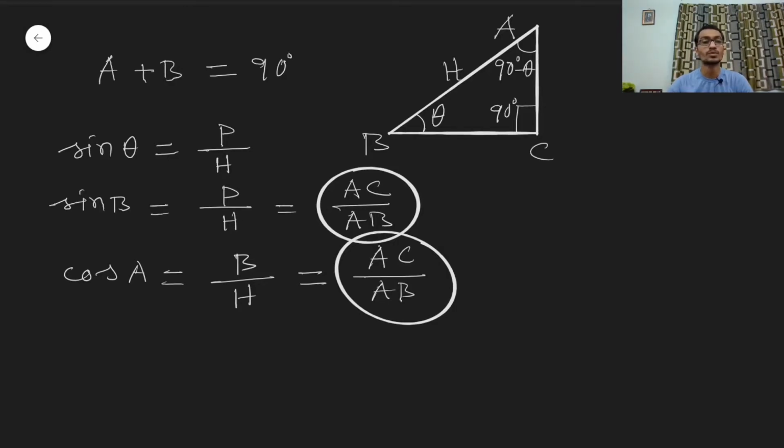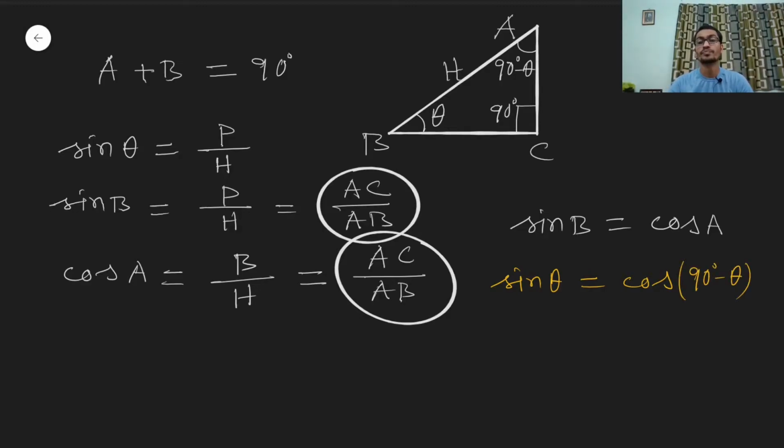So what we got, sine B equals cos A, or we may write sine theta equals cos 90 degree minus theta, or we can write it as cos 90 degree minus theta equals sin theta.